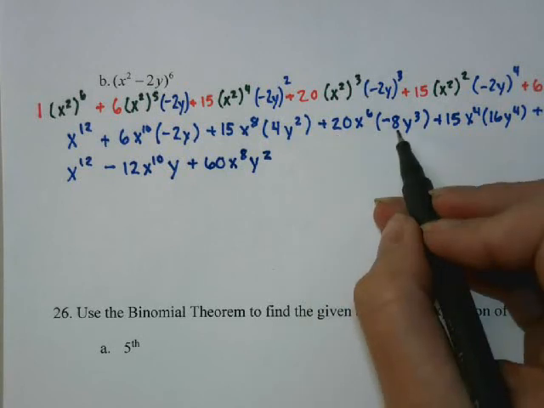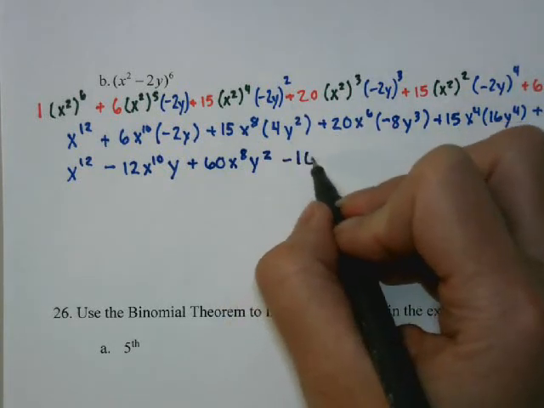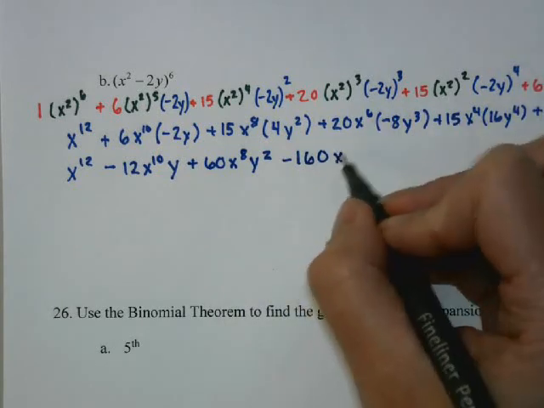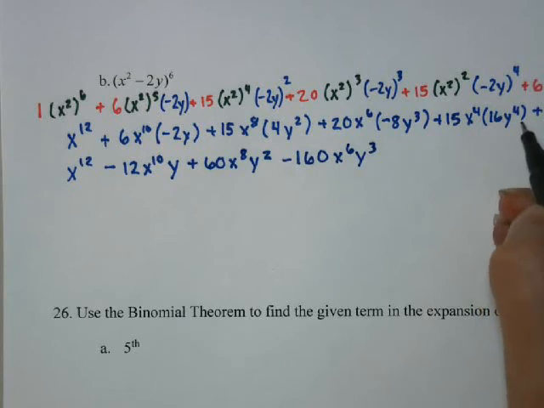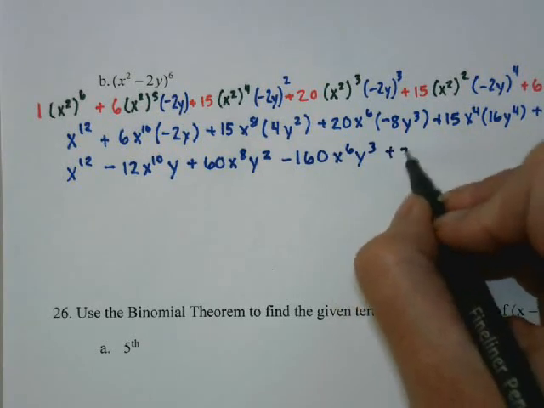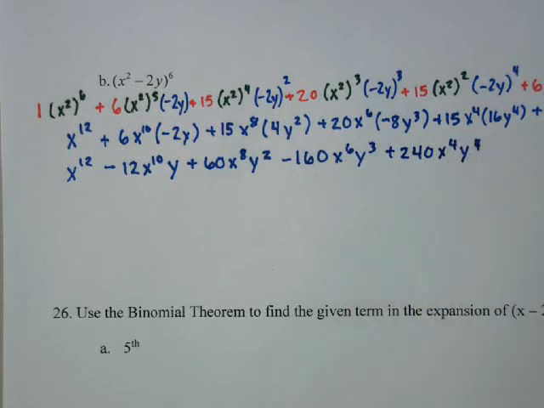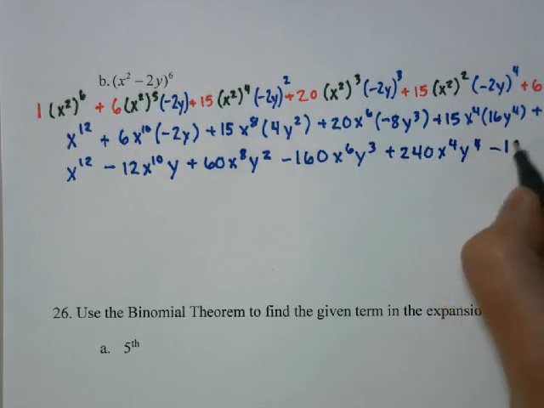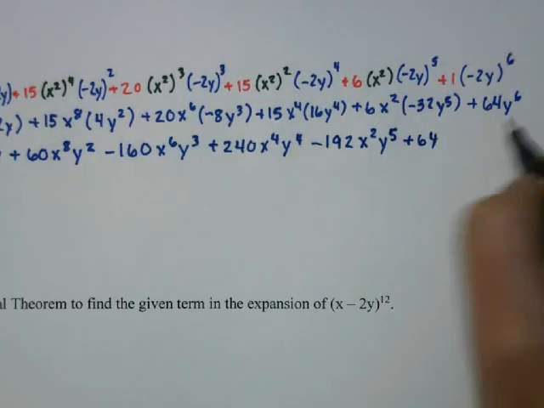Negative 8 times 20 is a negative 160, x to the 6th y cubed. 15 times 16 is 240. Six times a negative 32 is negative 192. And 64y to the 6th.